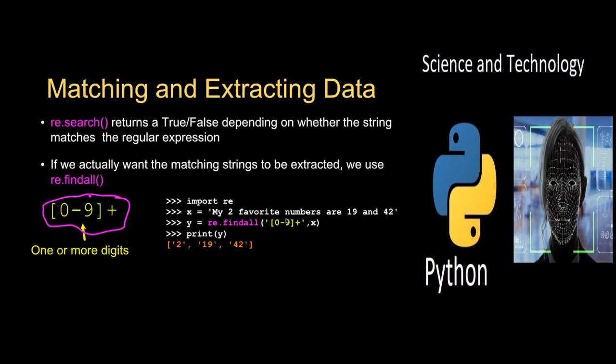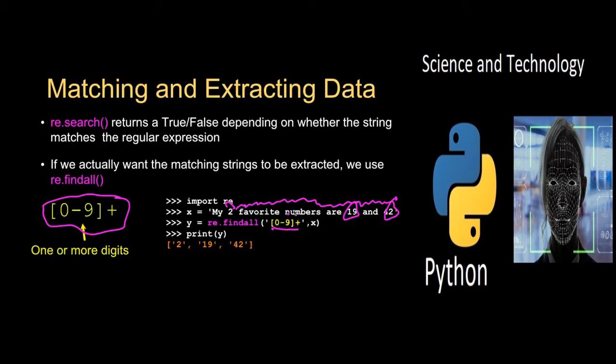We're just going to use that in our regular expression by itself. We're going to look for any string that's one or more digits and pull it out and give it back to me. So that's my little template, stamp, stamp, stamp, stamp. Oh, got it. Stamp, stamp, stamp, stamp, got it. What we get back after we ask findall to find all of the one or more digit strings is 2, 19, and 42.